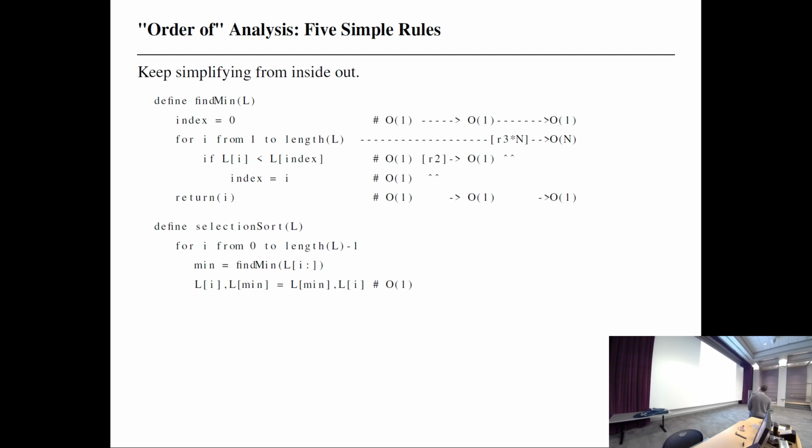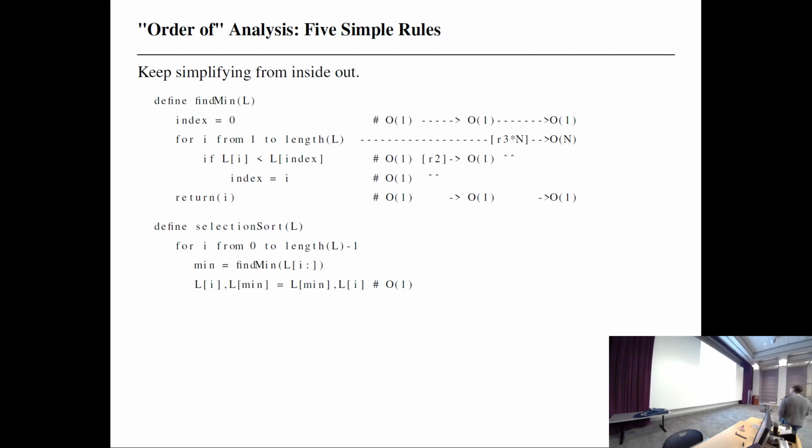I notice that this loop i ranges from 1 to length of L, which is exactly how many elements I have in L. So this is going to repeat the loop n times, actually n minus 1 times. Close enough. N minus 1 times the internal cost, which is order 1, gives order n.